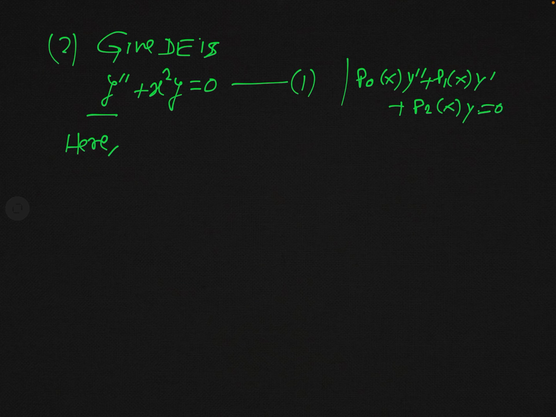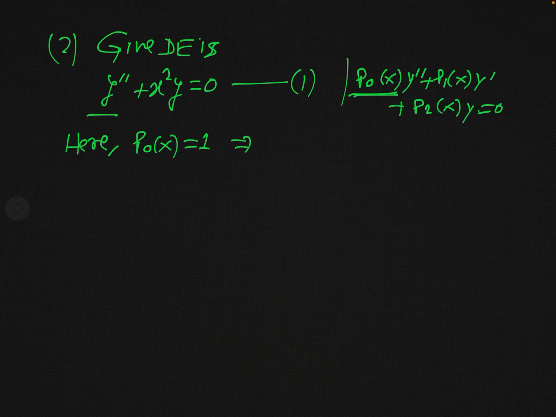This is our standard equation. Comparing with this standard equation, you can find that the coefficient p naught of x in the given equation is equal to 1. So here p naught of x is equal to 1.